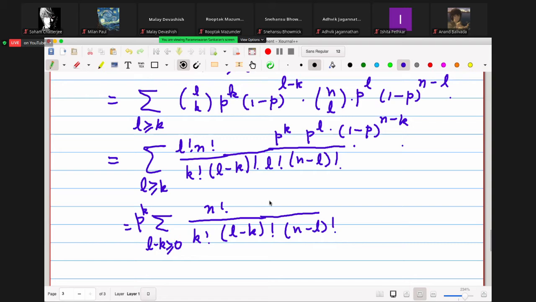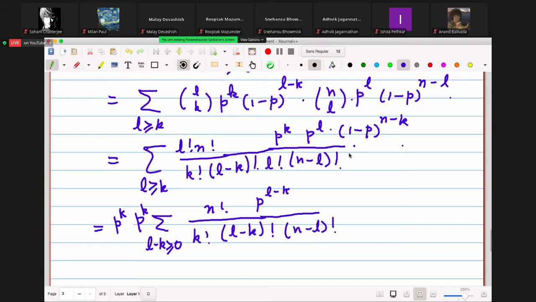Let me explain. You see, instead of p power L, I will keep p power L minus k and pull out another p power k. I put the equality sign here, pull out another p power k. All right.